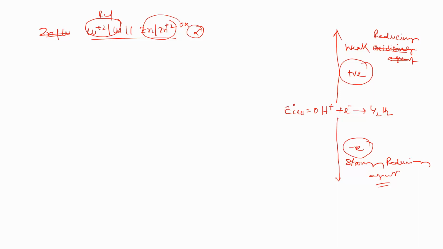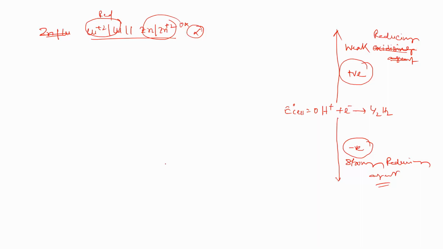Once we get a positive reduction potential value, it is a weak reducing agent, which means it is a strong oxidizing agent. When we get a higher negative reduction potential value, it is a strong reducing agent. It will reduce other species easily.